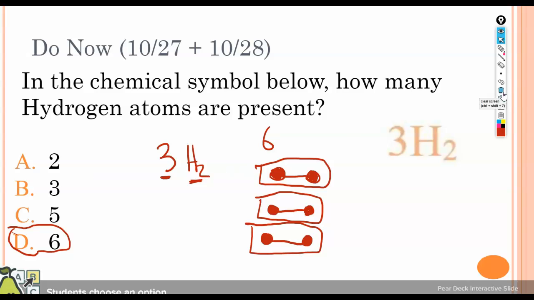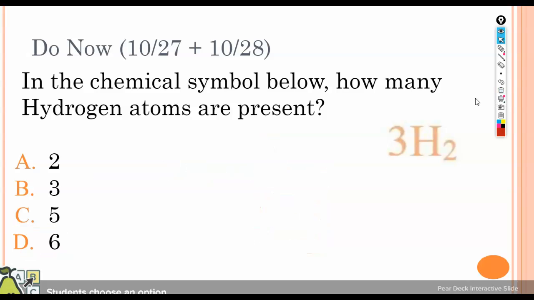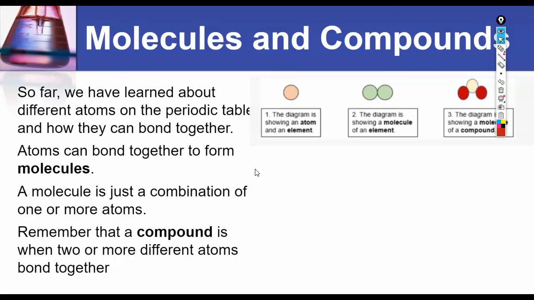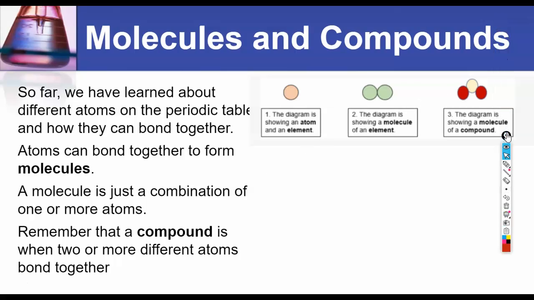Okay, so let's go on in the notes. Okay, so in the last class, we started taking a look at some vocabulary terms, and so we talked about the difference between an atom and a molecule and a compound. Okay, so a molecule is just like a grouping of atoms, and then if you have 2 or more different types of atoms bonded together, then that molecule could be called a compound.